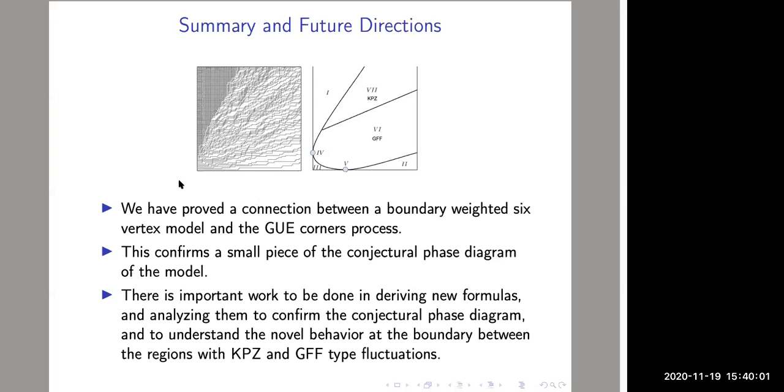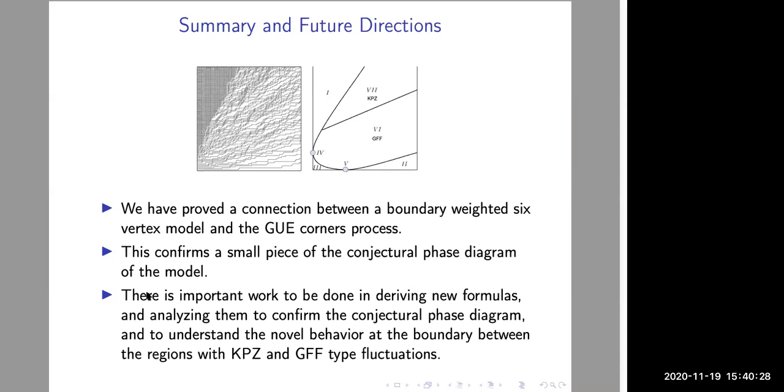Okay, so in summary, we've proved a connection of this model to the GUE corners process. And in this phase diagram, the point 4, Evgeni in a previous work showed that near point 4 you also get a convergence to the GUE corners process. Everything else about the phase diagram is conjecture.